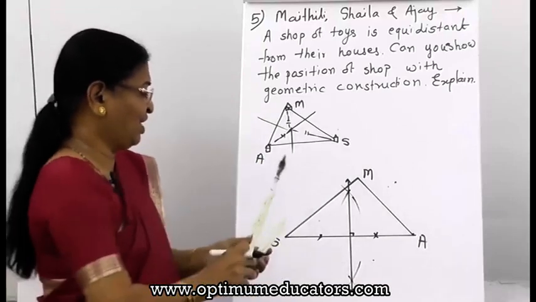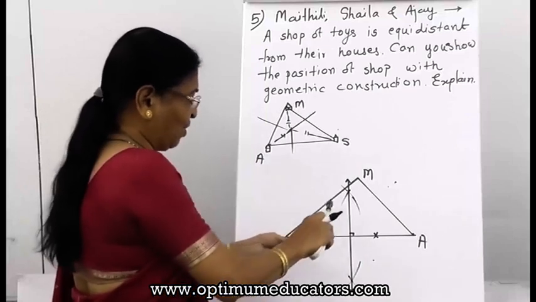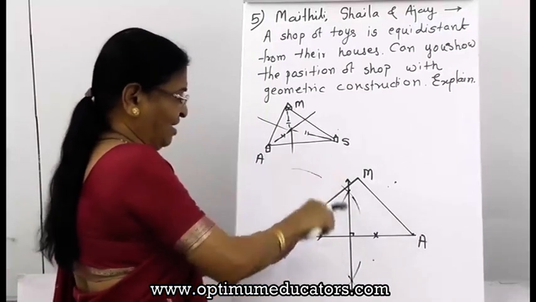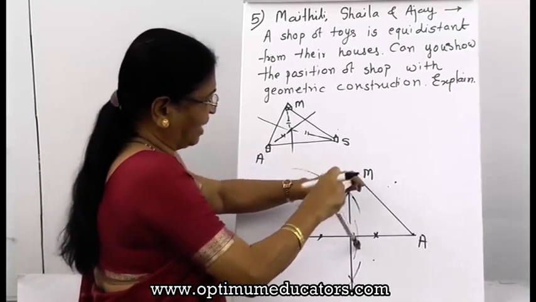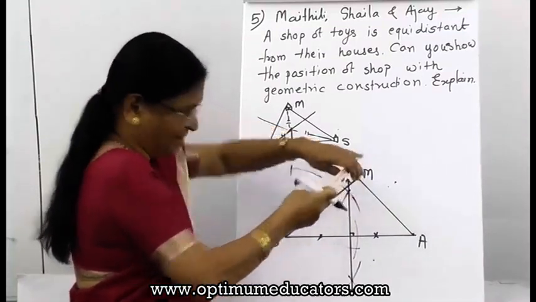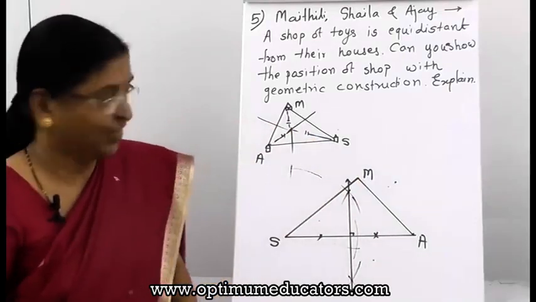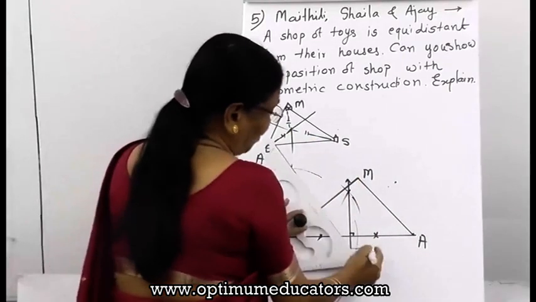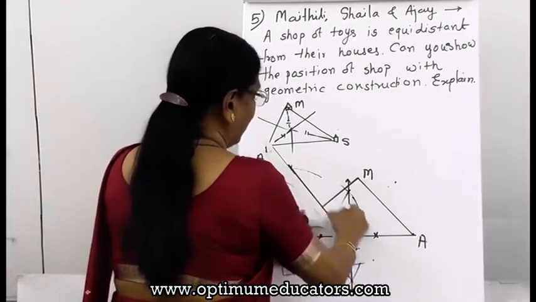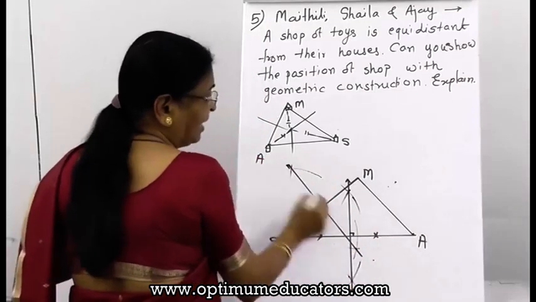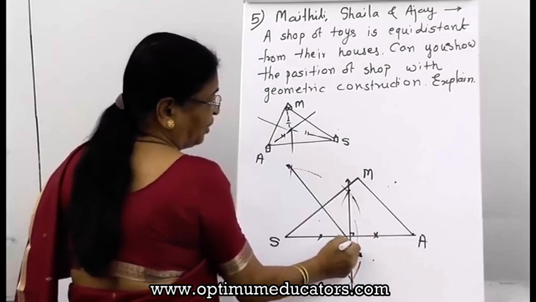And so what will you make? Make a point here, that is from S. Take more than half and draw the two arcs. Then the second pair of arcs from the second end. And you will come to know. So these are the two points of intersection. Where are they intersecting? The point is here.